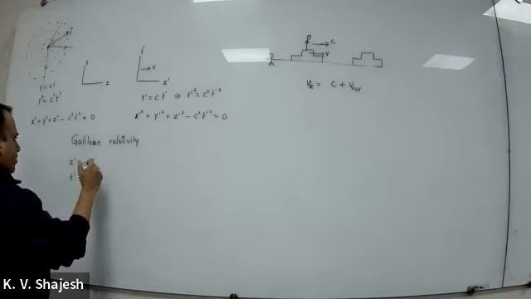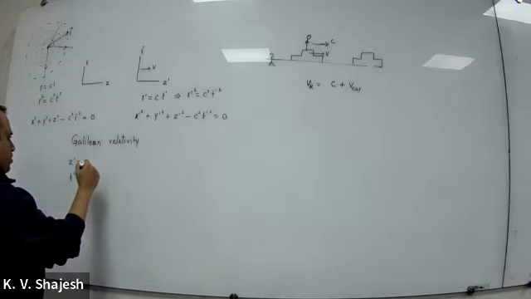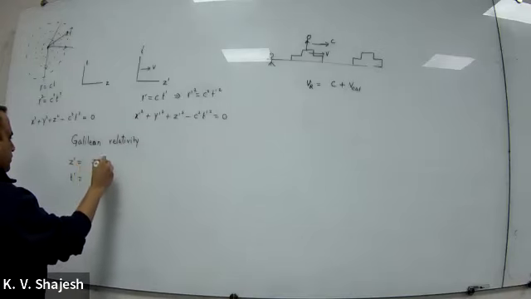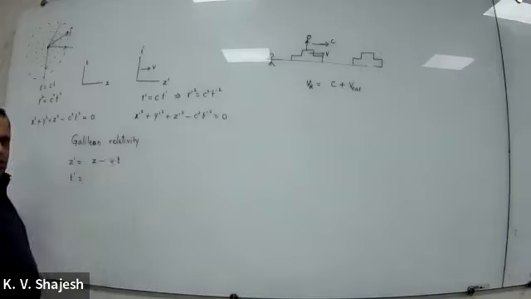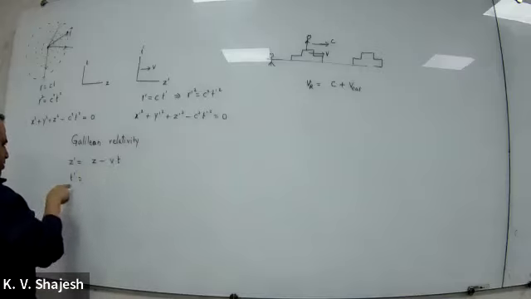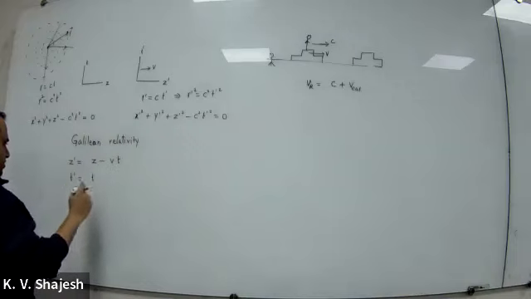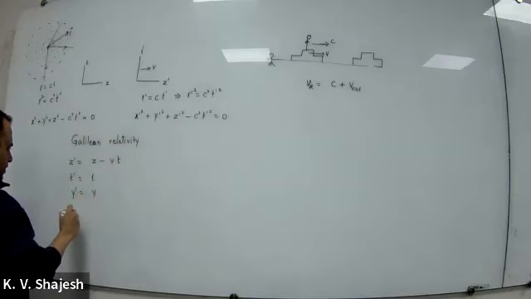Z prime is equal to Z minus VT, and T prime is equal to just T, nothing else, and Y prime is equal to Y, and X prime is equal to X.